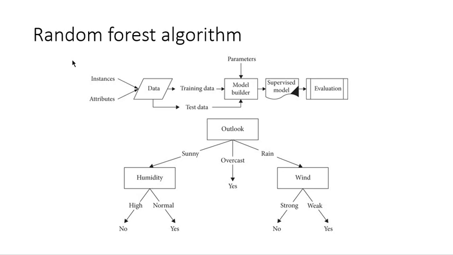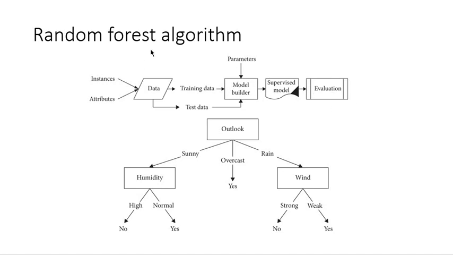And why? Because everyone has their own sleep patterns. Every human being has their own sleeping patterns. So we have to learn. We have to know how we are going to determine whether they are good sleepers or not. We are going to use different model building patterns, and the supervised model is used for evaluation.